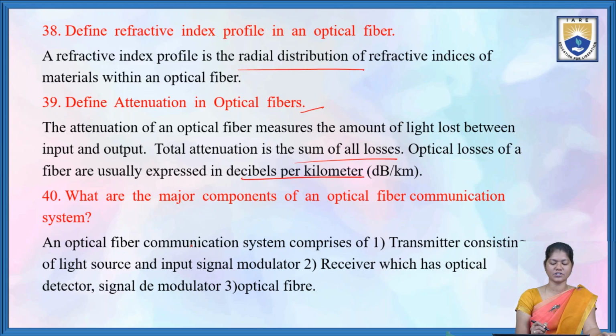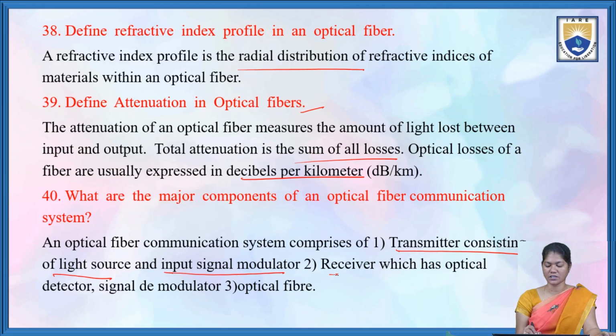What are the major components of an optical fiber communication system? An optical fiber communication system comprises three major components. One is the transmitter, which consists of a light source and input signal modulator.